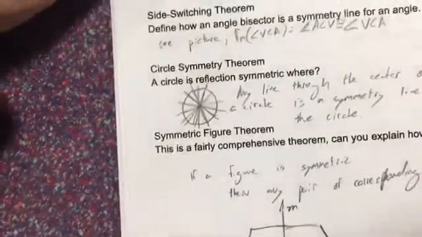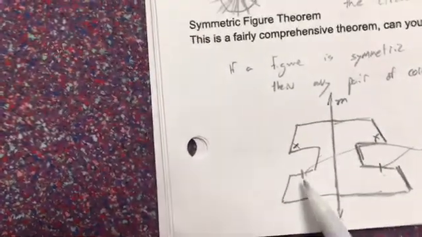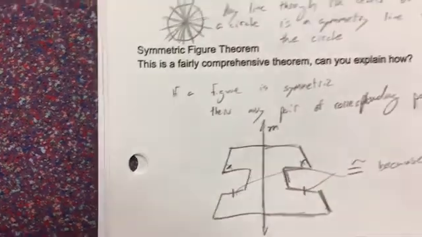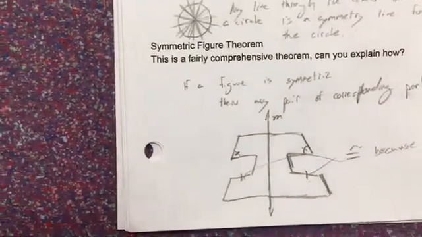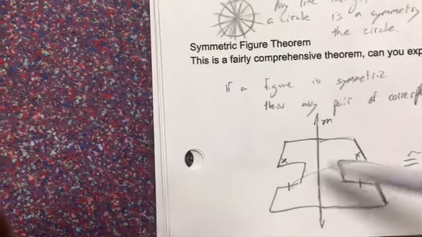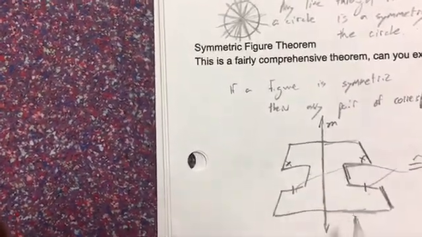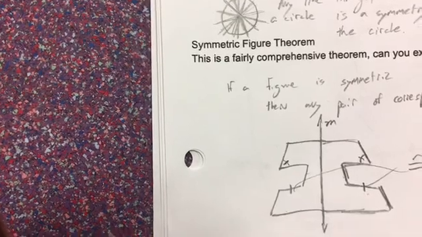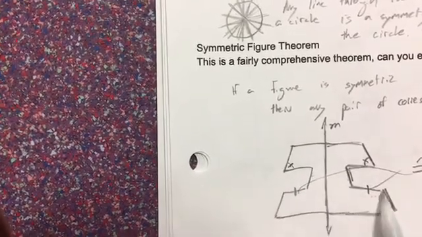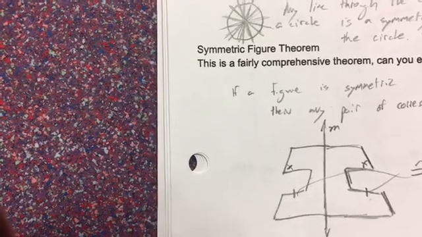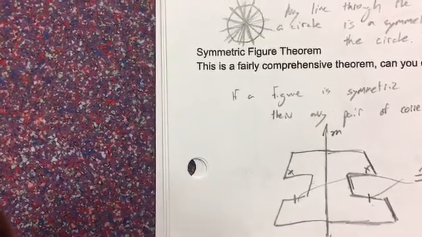And the symmetric figure theorem is fairly comprehensive. We drew this little shape and we said any pair of corresponding parts in the symmetry are congruent. So I've got this shape, it's floating in the wind, and I can flip it over and it can coincide with itself. So any part corresponding to any other within the symmetry or over the reflection is congruent.